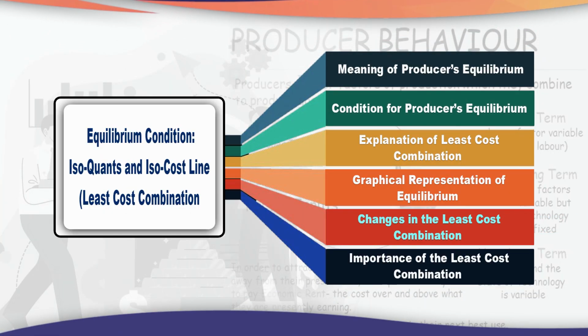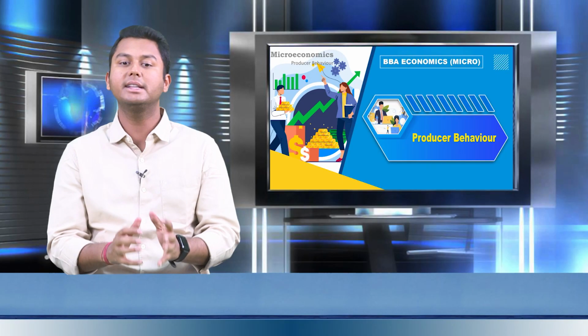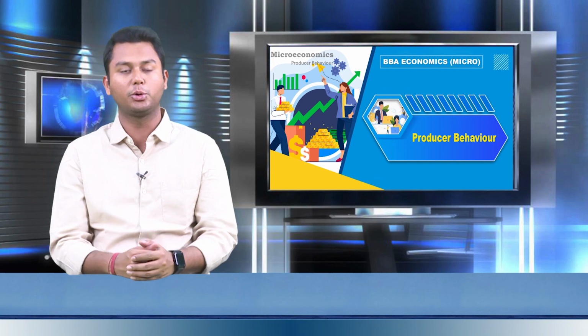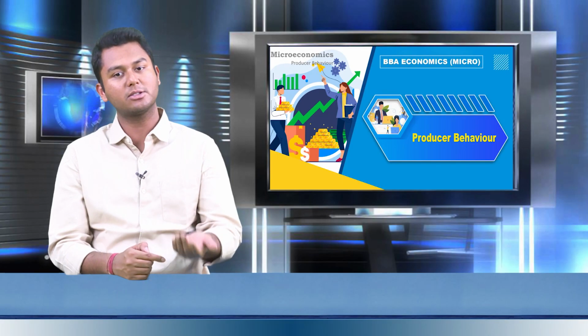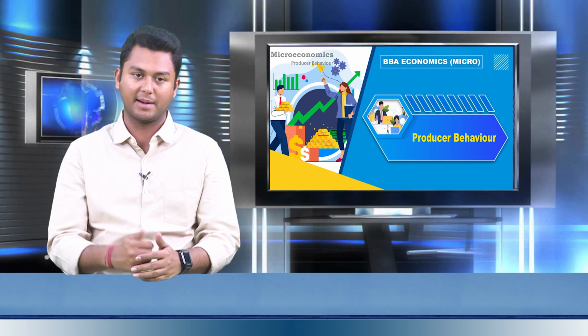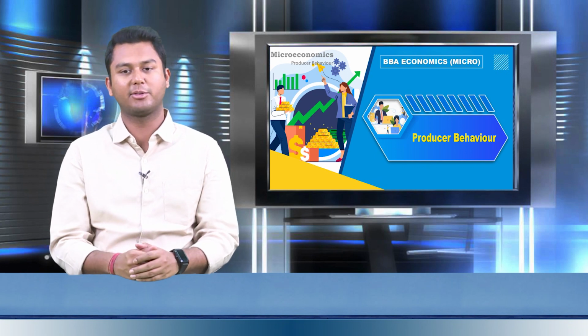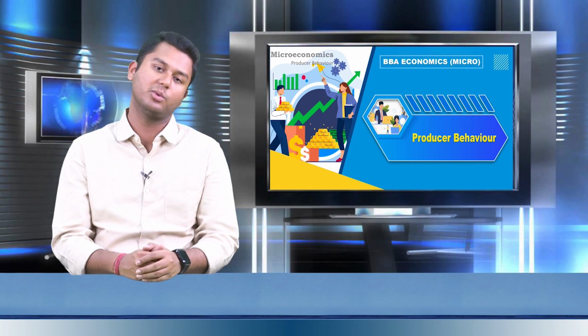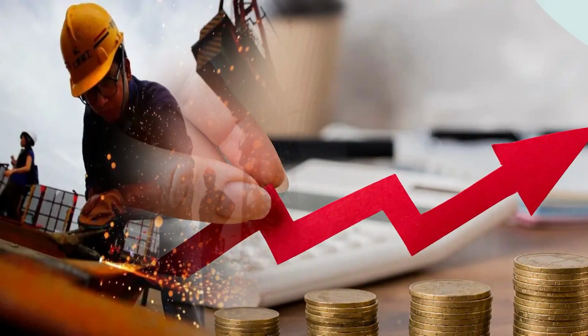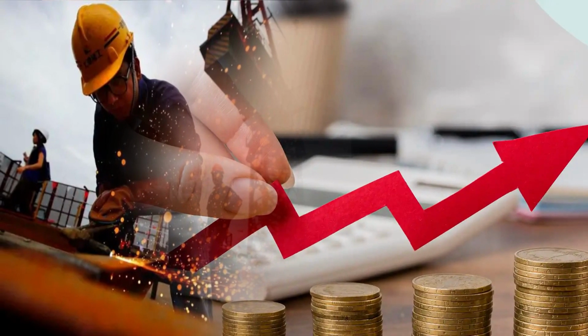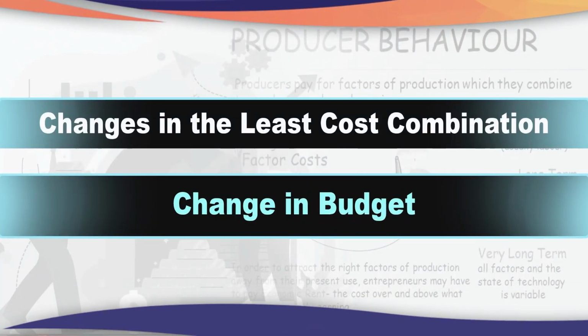Now, looking at the changes in the least cost combination, it can change due to changes in input prices. If the price of labor increases while capital remains constant, firms may shift towards using more capital and fewer workers. If the price of capital increases, firms may shift towards using more labor instead. The second aspect is changes in budget.